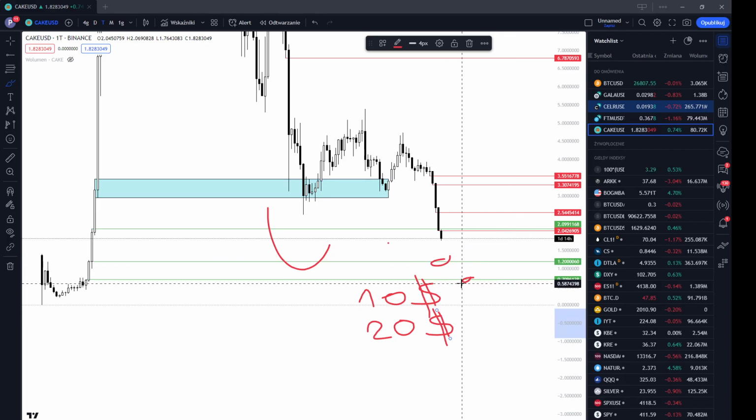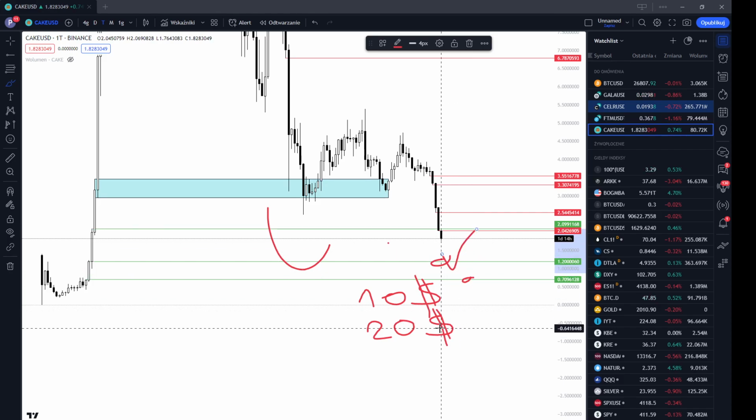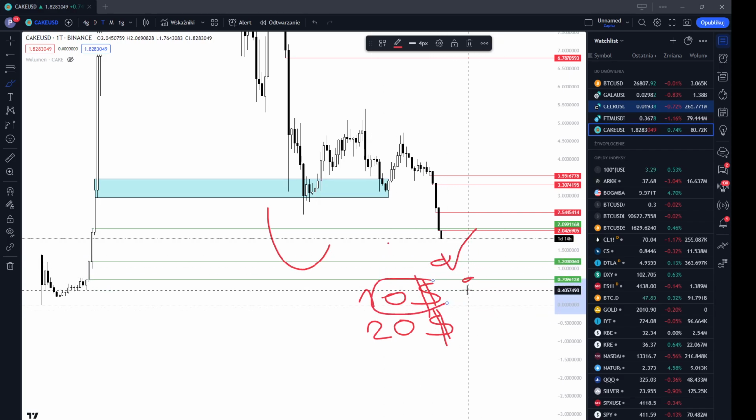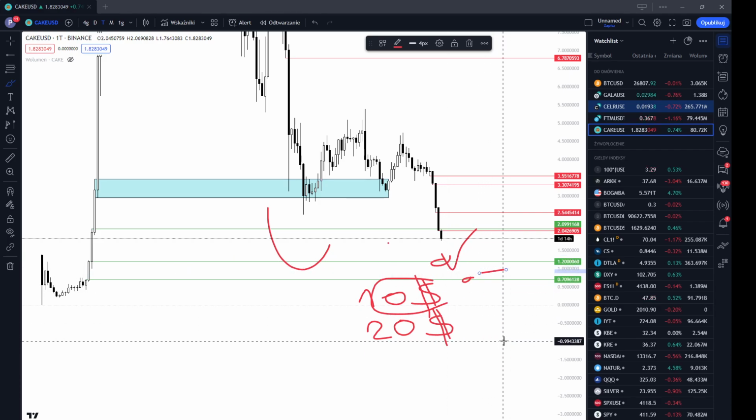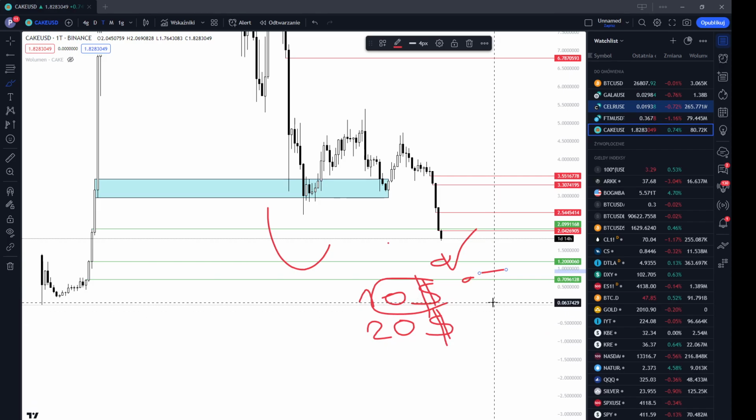So the lower we get, the faster the speed of DCA I would do. That would ensure that if the bounce comes from this level, I already have some money in the market. But if it comes down, my average entry moves quite far to the downside. So that's how I'd approach Cake here.